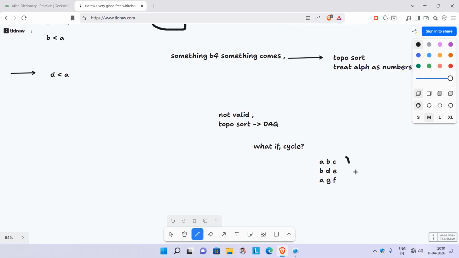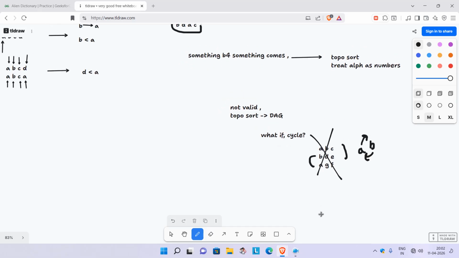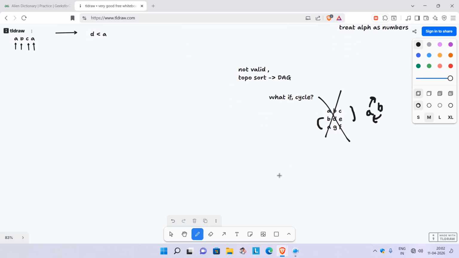Because comparing from this, it gives me the idea that A should come before B. Now when we compare this, it gives me the idea that B should come before A. So it means there is a cycle between A and B. Since we know that topo sort is not applicable for a cyclic graph, this is not possible. So this is one case in which it returns that no order is possible for the alien language. There's another very important case.